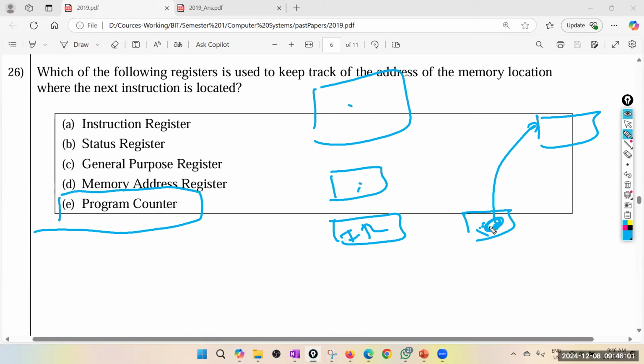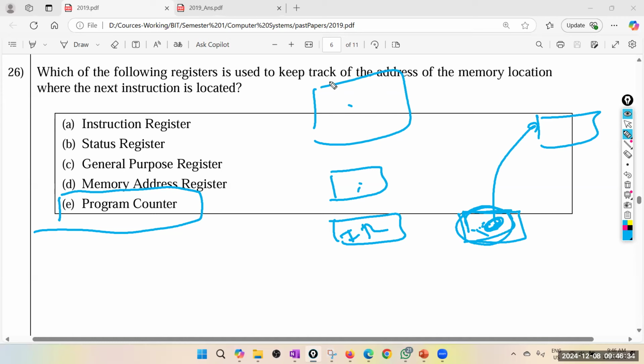After decoding now, this has the address of the next instruction. So sometimes it has the current instruction's address, that is during the fetch and during the decode. After decode, it has the address of the next instruction. So during fetch and decode, it has the address of the current instruction. After decode, during execution, it has the address of the next instruction.